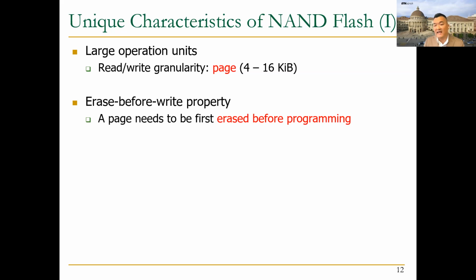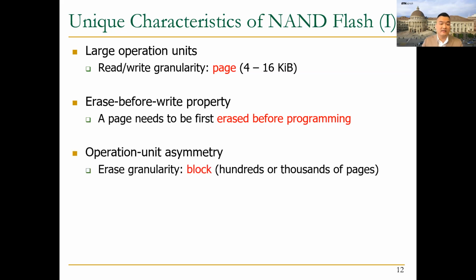So to avoid any data loss or data corruption, we must perform an erase operation before programming new data on a page. Third, NAND flash memory performs an erase operation at block granularity, and a block in modern NAND flash memory consists of hundreds or even thousands of pages. So such a large number of pages must be erased at the same time.